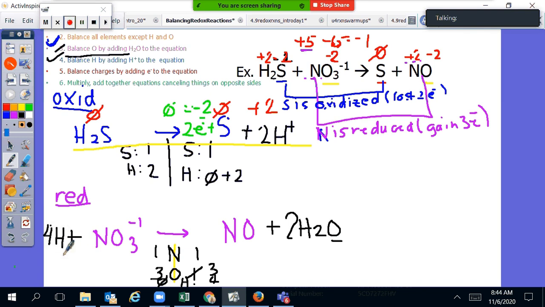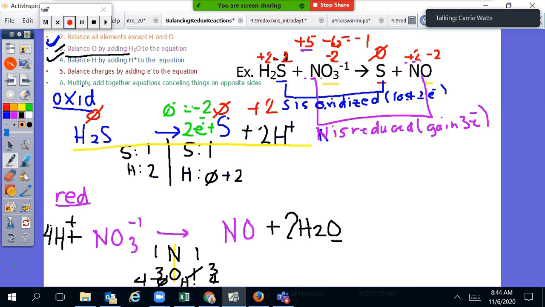So we add 4 H plus on the left. And now we're balanced atom-wise. So we balanced the O, we balanced the H, now we balance the charges.